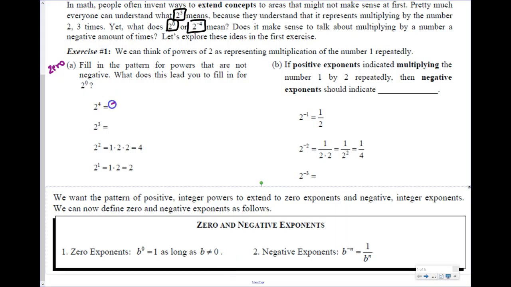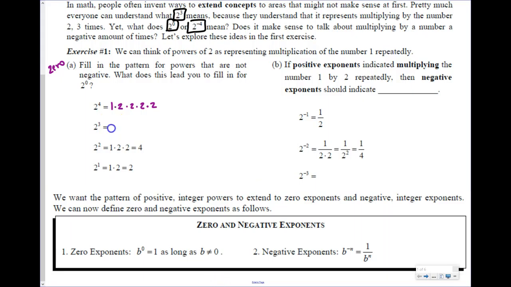2 to the fourth power is the same thing as saying 2 times 2 times 2 times 2. However, what's always that invisible number that's in front of every number in math that we talk about? That 1. So it's also like saying we have 1 times 2 times 2 times 2 times 2, right?